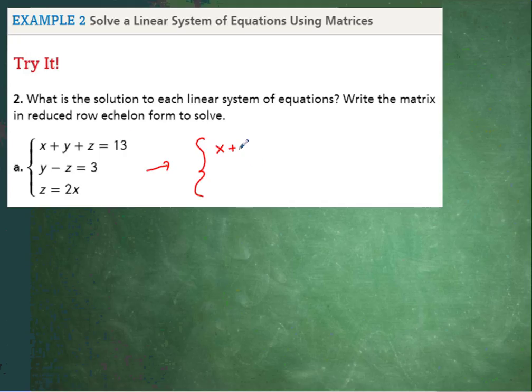X plus y plus z equals 13. That's okay. This one is still okay as well. Y minus z. Okay, and I'm going to actually rewrite that for a second. I don't like the way I wrote that.